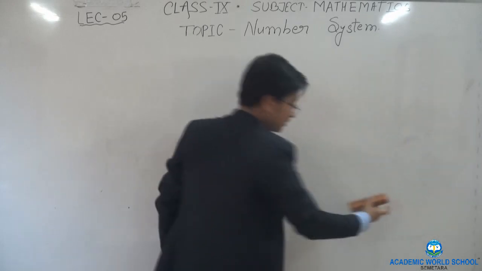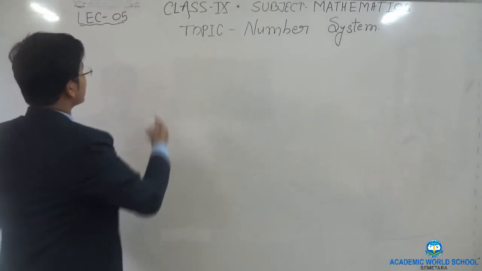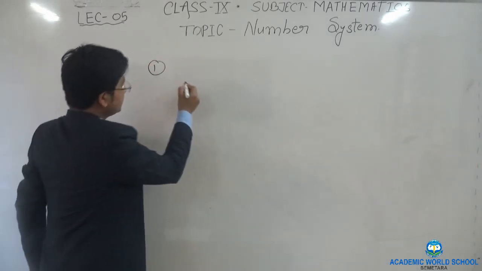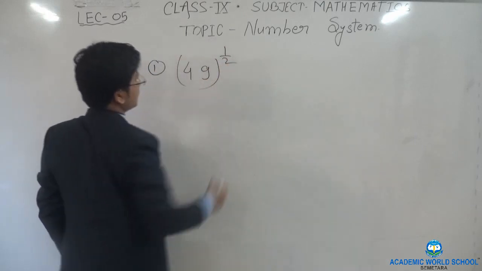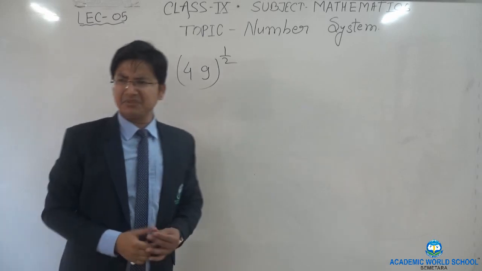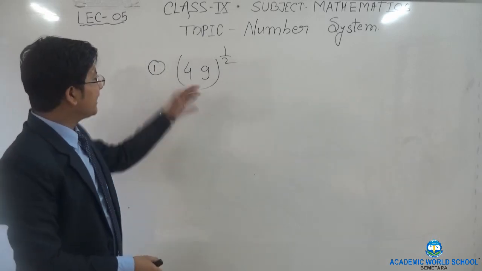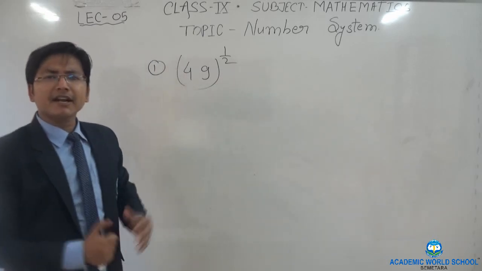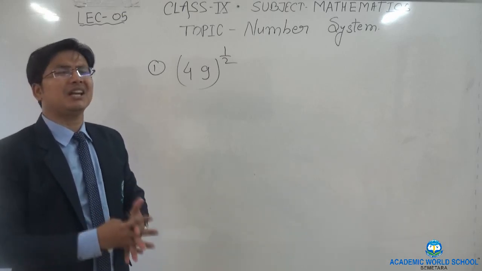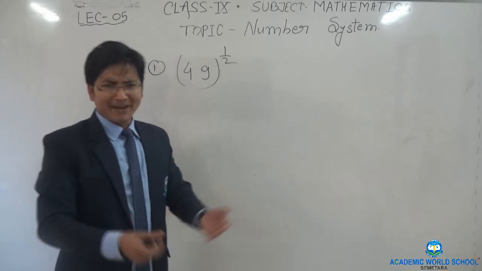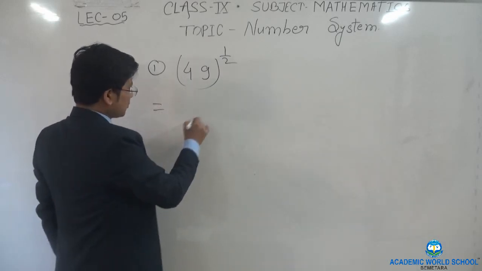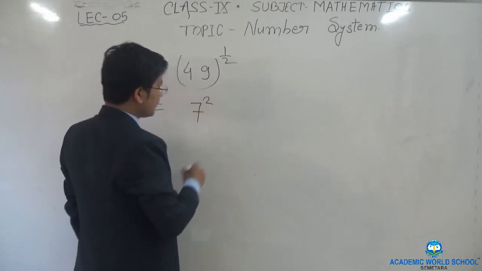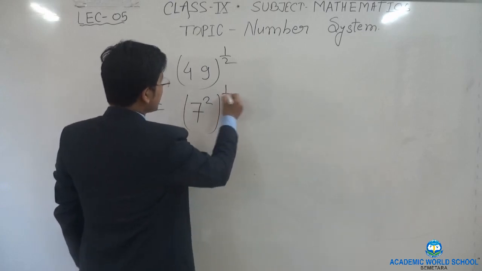Now I am giving you a question. 49 to the power 1 upon 2. Very simple. How can I write 49? I can write 49 as 7 into 7. I know that 49 is 7 square. 49 is not that difficult a number. So this is 7 to the power 2, and now this is to the power 1 upon 2.